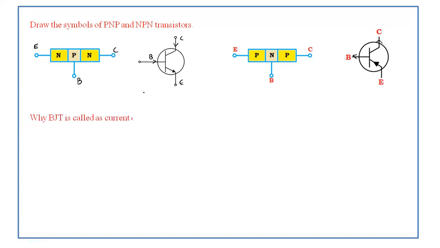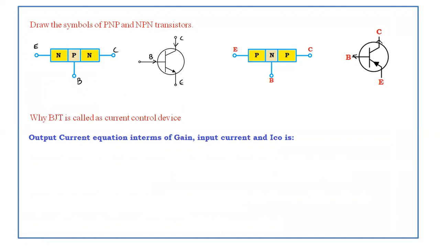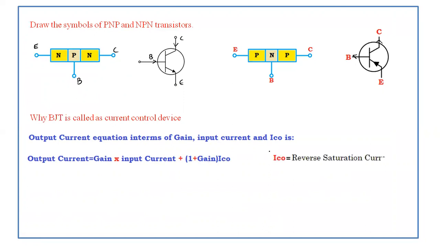Next, why is the BJT called a current control device? In the BJT, the output current equation in terms of the gain, the input current and ICO, the reverse saturation current, is: output current equals gain times input current plus (1 plus gain) times ICO. Here ICO is called the reverse saturation current.